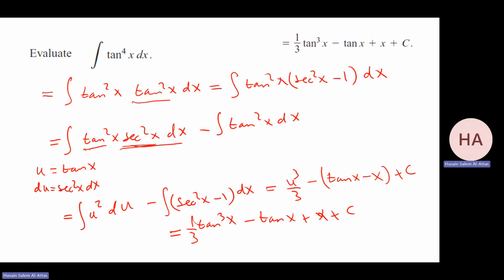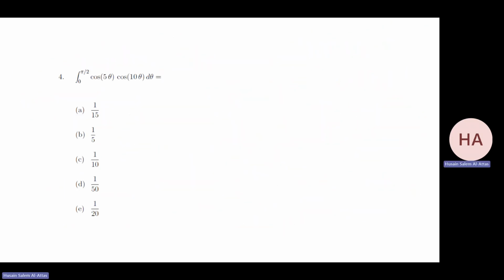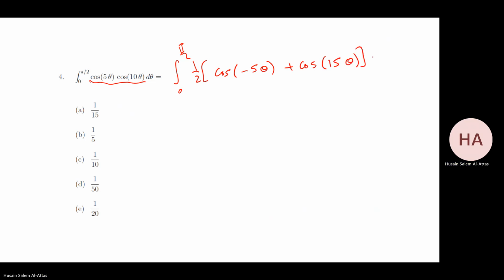So that will be cosine the difference plus cosine the sum. This expression, I can rewrite as half the integral of cosine the difference, 5 theta minus 10 theta, that will be minus 5 theta, plus cosine the sum, which is 15 theta, d theta.